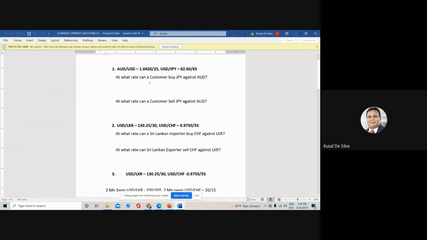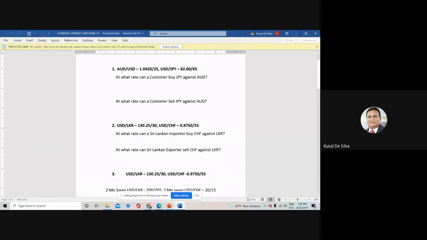What I have told you is that you always have to look at it from the banker's point of view, not from the customer's point of view. But here the information is important, because if the customer wants to buy, the bank will sell. If the customer wants to sell, the bank will buy. The bank will do the other way around.